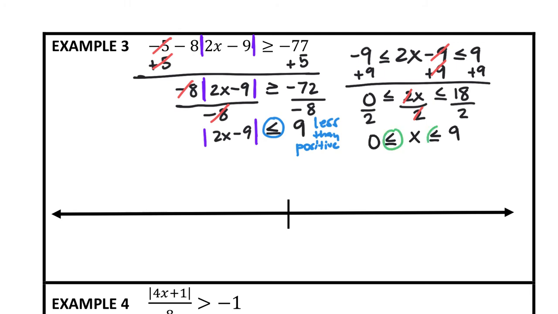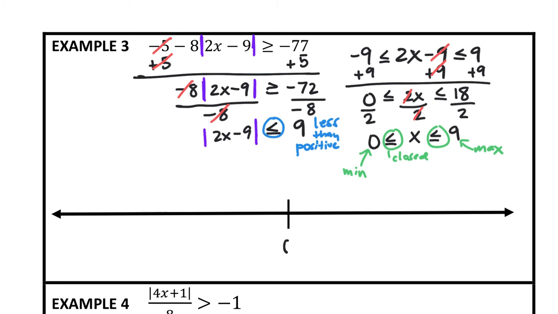So I have less than or equal to, so it's closed. Closed circle. And this is going to be like my minimum, and this is going to be like my maximum.